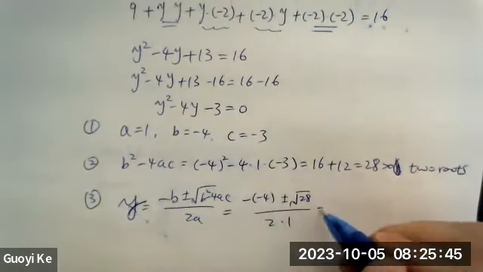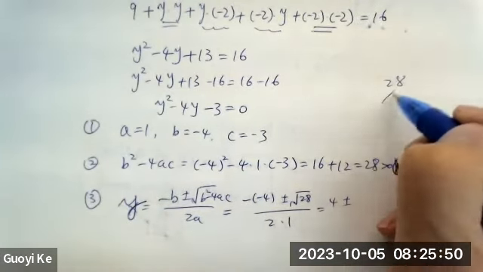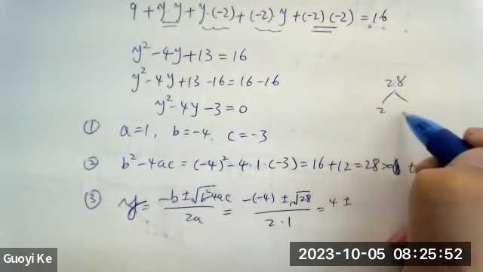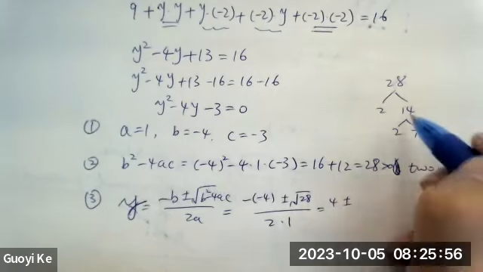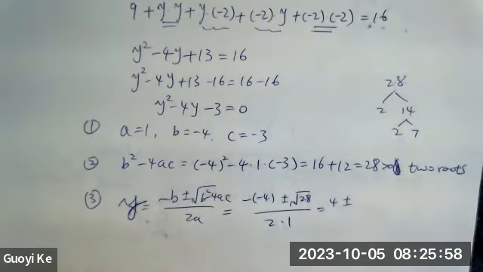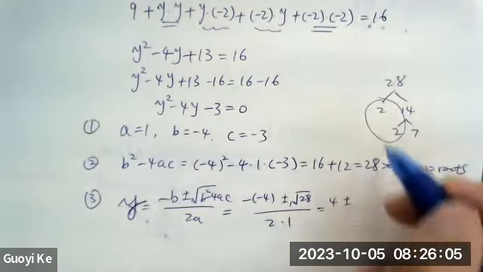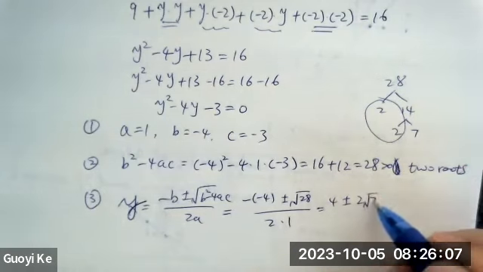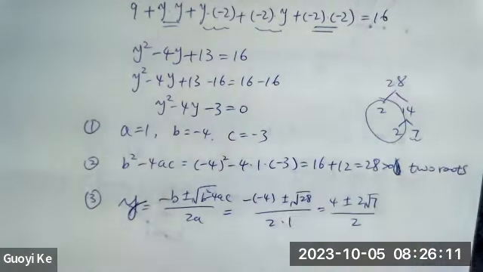Here's again how to simplify the radical number 28. 28 can be written as even number 2 times 14. 14 is even, 2 times 7. Right? And now you have a repetition of 2. We pick 1, 2, and leave 7. Right? We have two solutions.